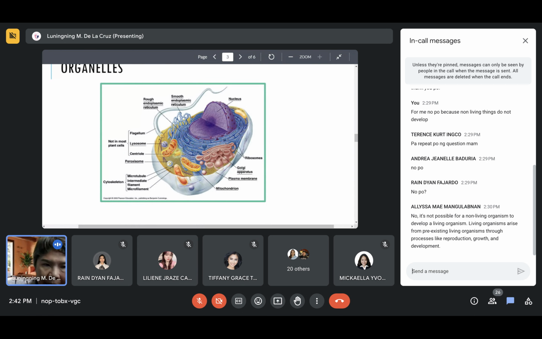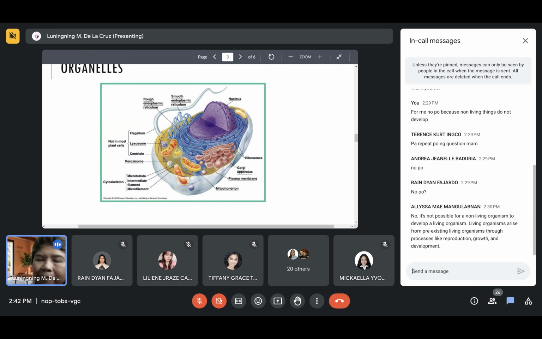Now, lysosome, as we mentioned, is the digestive system of the cell. Okay? So, lysosome may not be present in plant cell. Same with centriole. Okay. Then we have the mitochondria.